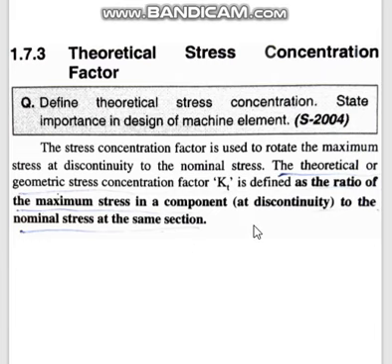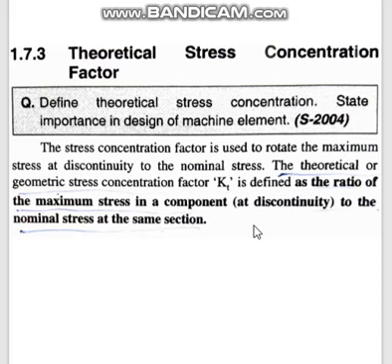See, we were discussing the stress concentration. Because of some hole or something, around that hole the stress concentration increases. So that increased stress should be in the numerator, and in the denominator the nominal stress.